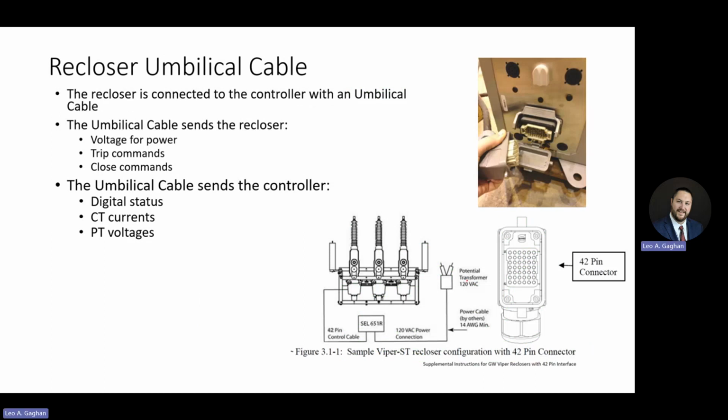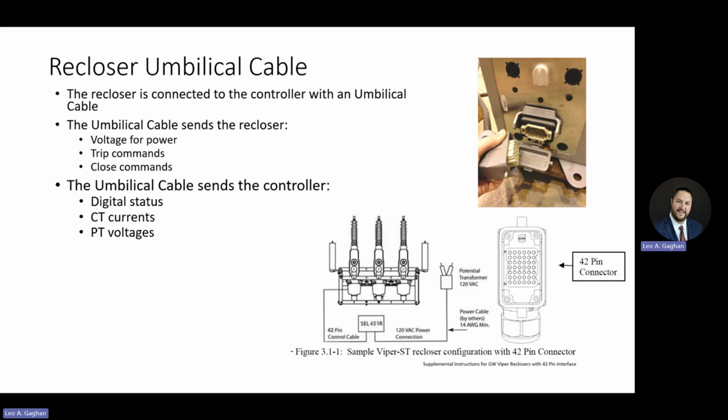So you can see it here. As we talked about, we've got a potential transformer that brings it down to 120 volts. It goes onto that umbilical cord, comes down and goes to our recloser controller. Then we have our 42-pin control cable that takes all of that information and brings it to our controller also.